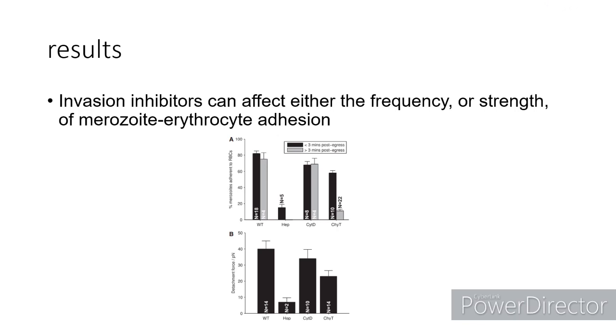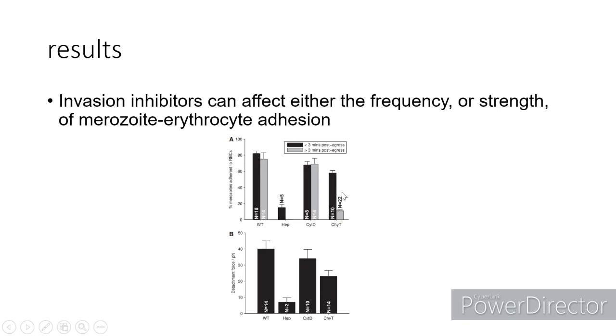The third treatment is enzyme treatment of erythrocytes. When the post-exposure time is 3 minutes, the percent of merozoites is fewer than the wild type, but not very obviously.